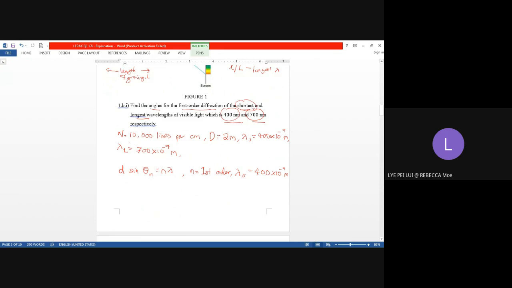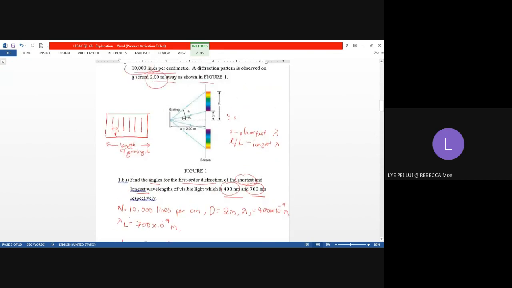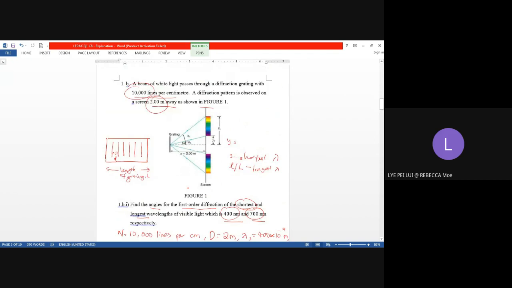But before we substitute in the equation, the d, the distance between the lines, is not given, so you have to determine it first. How to determine? You are given 10,000 lines per centimeter.